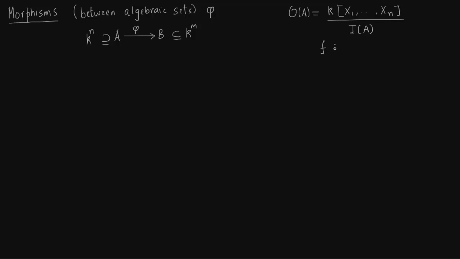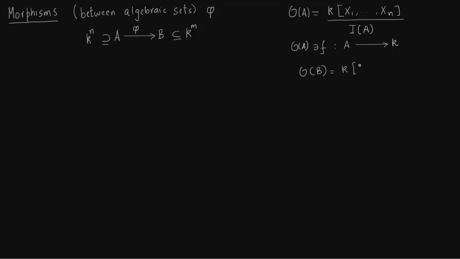Now what happens when f acts on A? When f acts on A, you land in K. Obviously if you are in I(A), you get 0. If you are not in the ideal of A, then you get some element of the closed field K. Yeah, so this is important to know.